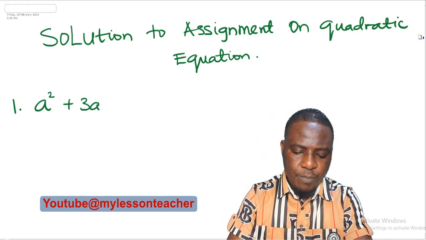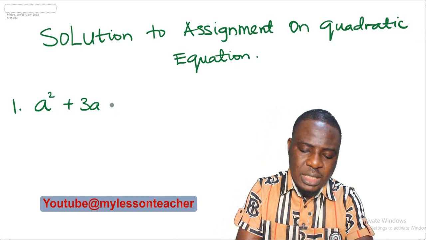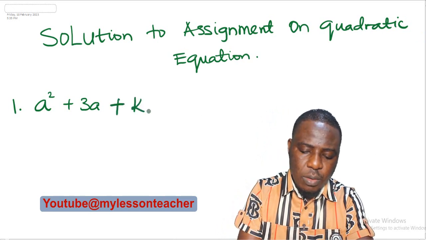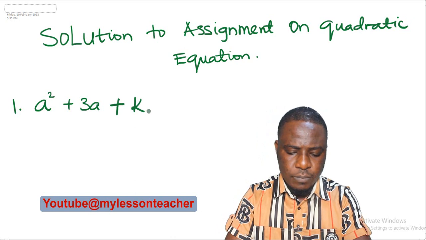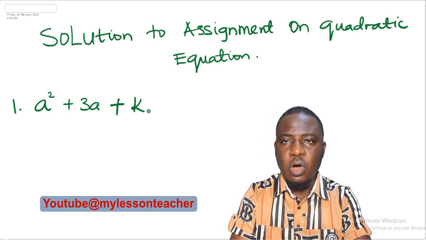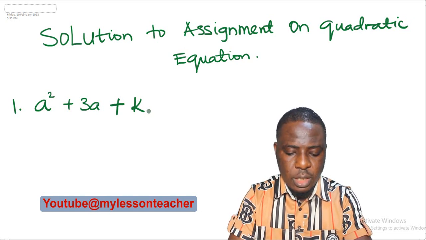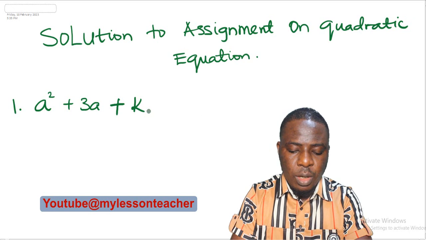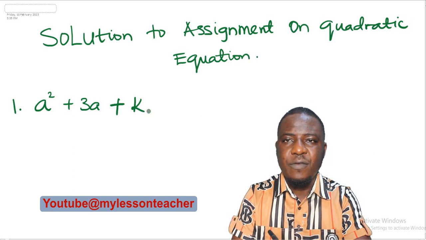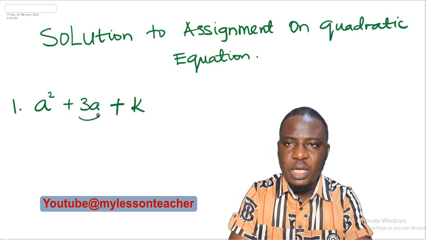So for question 1, what must be added to this expression to make it a perfect square? We say let that constant term be k. And the method says you should first of all make sure that the first term is a perfect square, of which a squared is the perfect square. Subsequently, you find the square of half the coefficient of the second term, which is this.